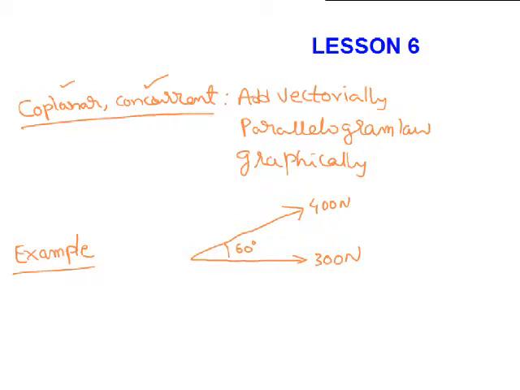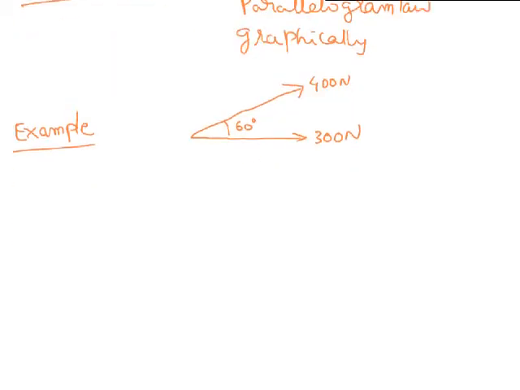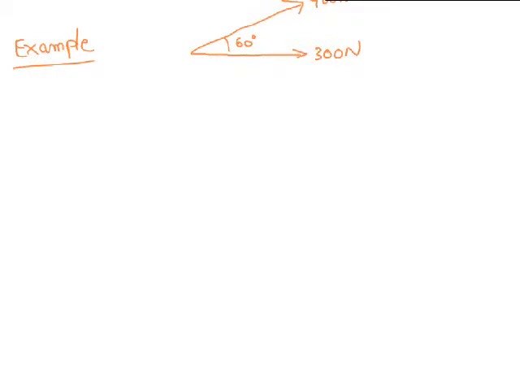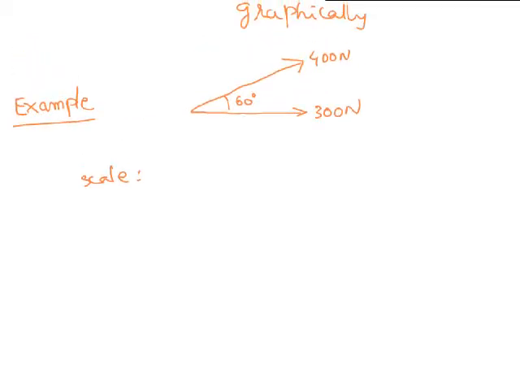Because we are solving the problem by the graphical method, we'll employ a convenient scale. For example, we may take 1 centimeter is equal to 100 newtons.